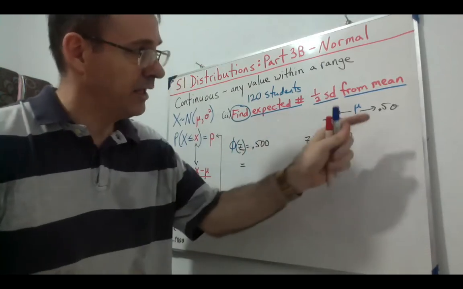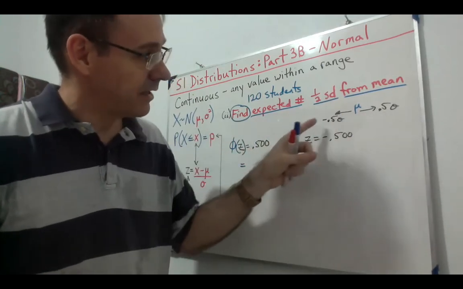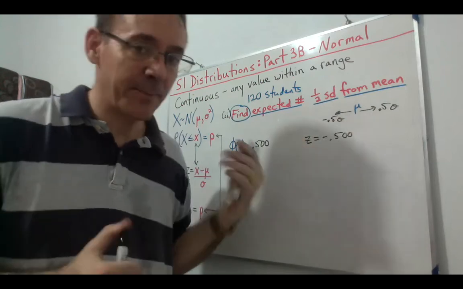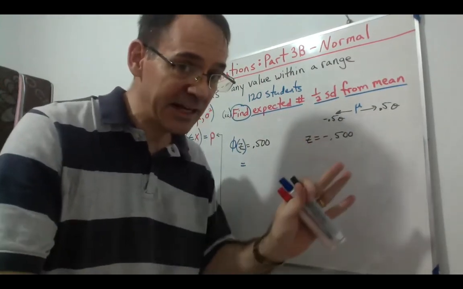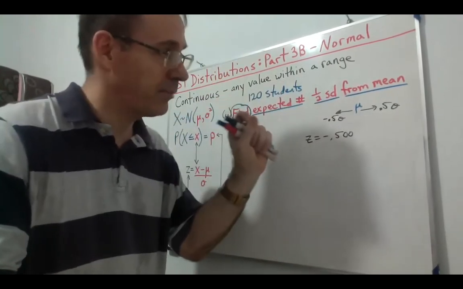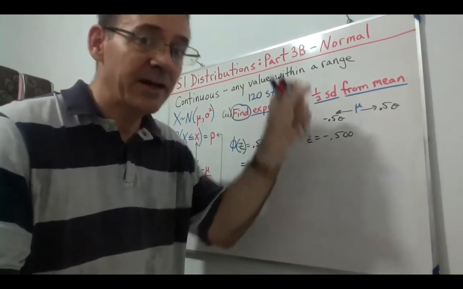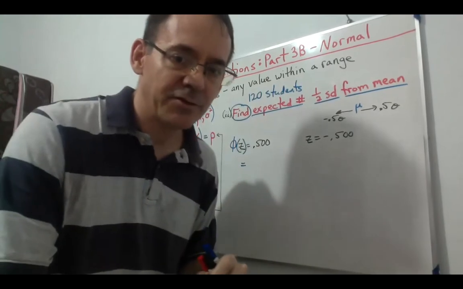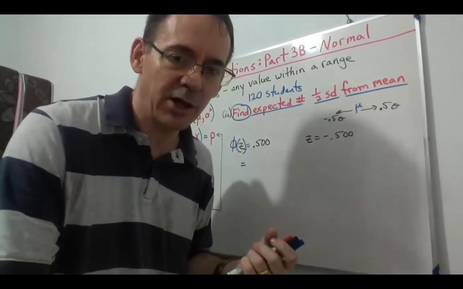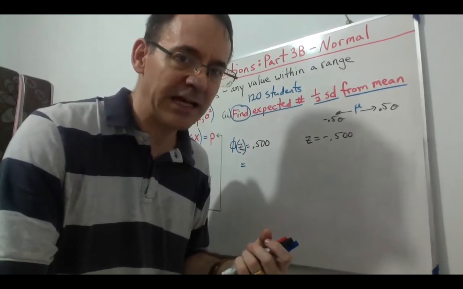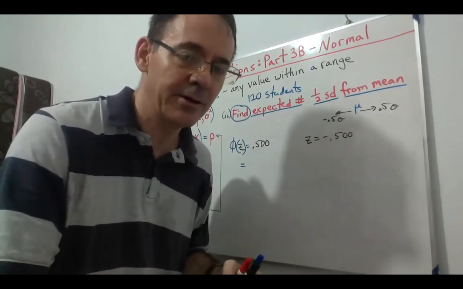This is the z value. Z value is this 0.5 from the mean, it's your z-score. It's not the standard deviation that they gave in the problem, it's 0.5 standard deviation. So it's a little different, but if you recognize it as the z-score, it will help you figure this out a little faster without recreating your probability statement.